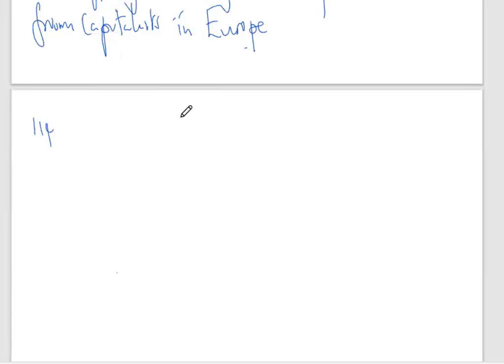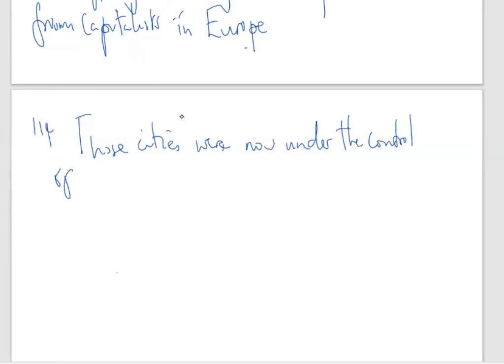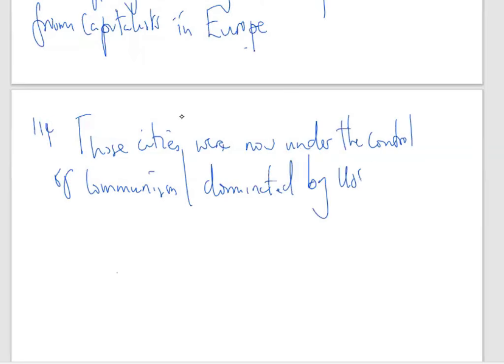If you have to take from it, we can say the implication of that statement means those cities were now under the control of communism, or we can say they were dominated by the USSR.